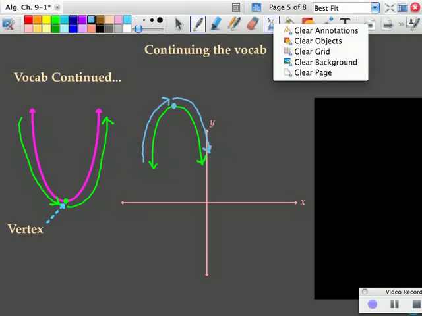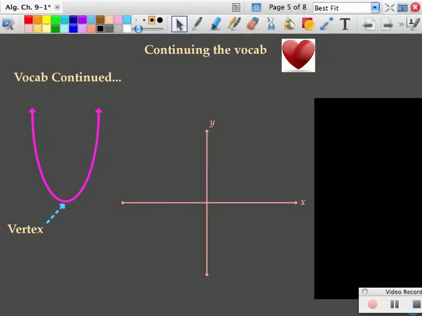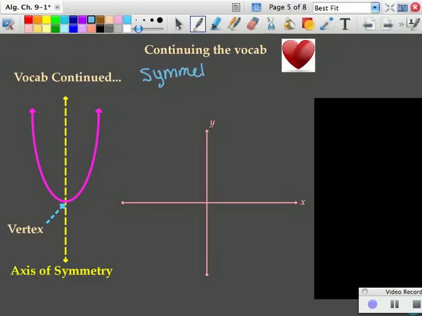Now, we also have something that is called the axis of symmetry. You all know what the word symmetrical means, right? So symmetrical is to cut exactly in half. Symmetry, cut in half. Okay, so axis of symmetry is wherever in this parabola that we would cut it so it's equal on both sides. All right?